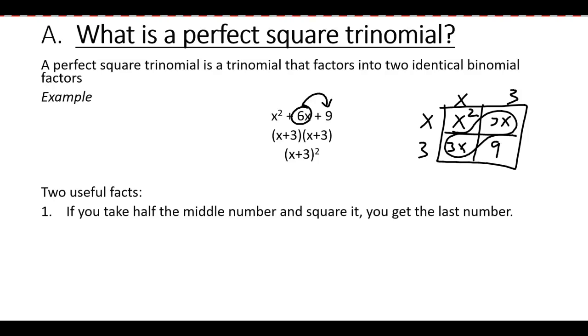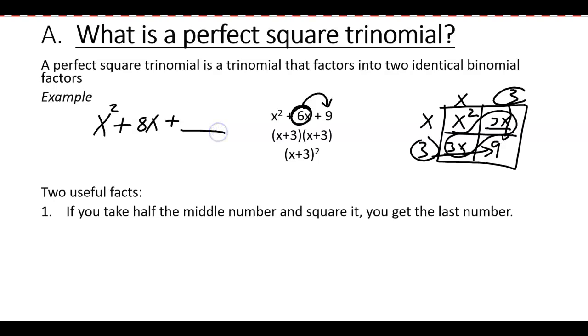You can kind of see why that is. If you take half the middle number, that's where these 3's are coming from. And then when you multiply them together, that's where the last number comes from. So with a perfect square trinomial, half the middle number squared will always give you the last number. So for instance, x squared plus 8x.